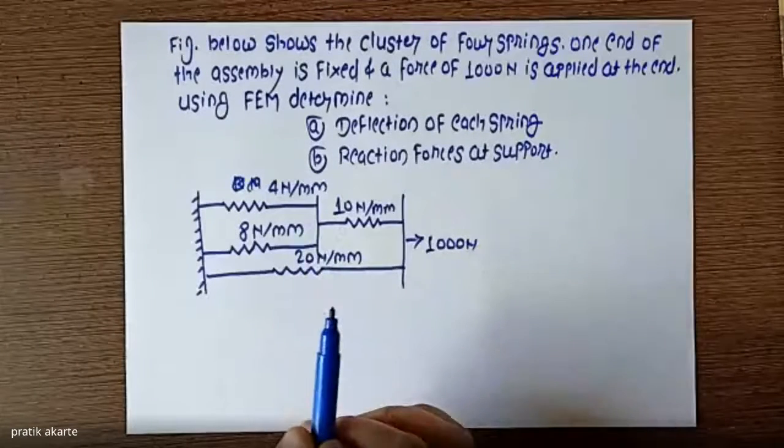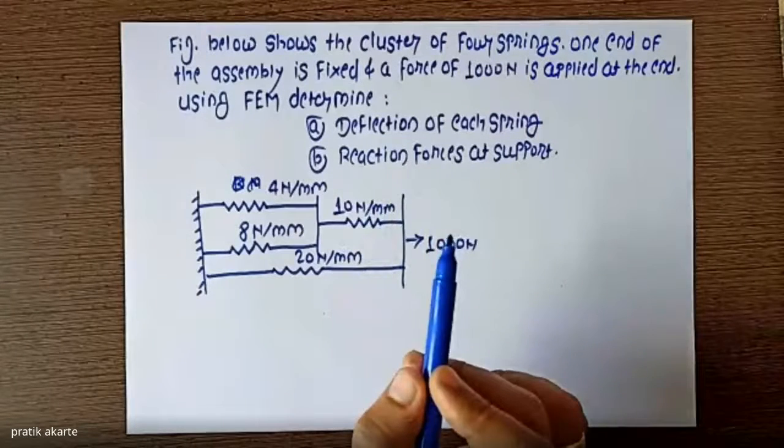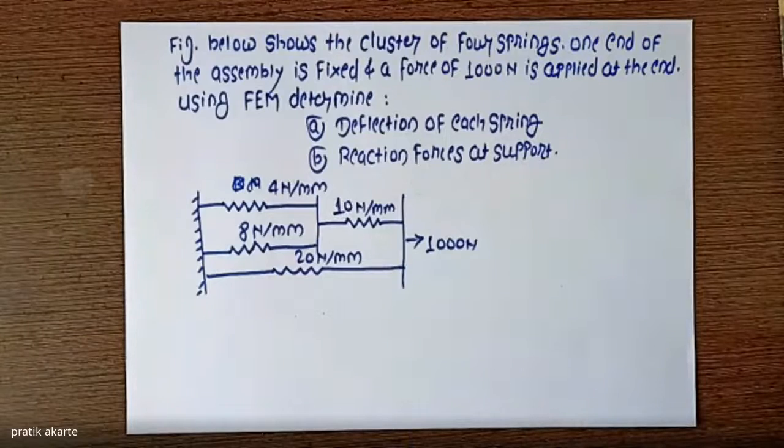The stiffnesses for the springs are given. Using the finite element method, we are supposed to determine the deflection of each spring and the reaction forces at the support. So this is the statement of the problem.